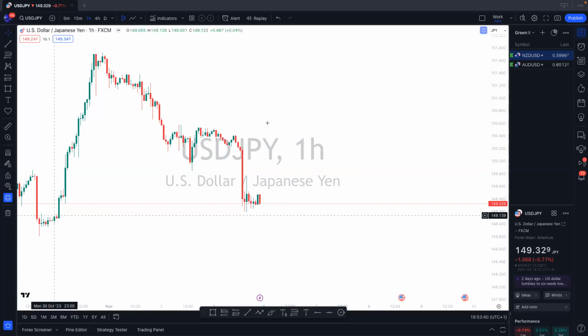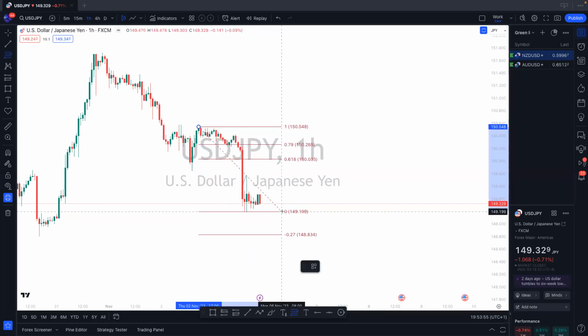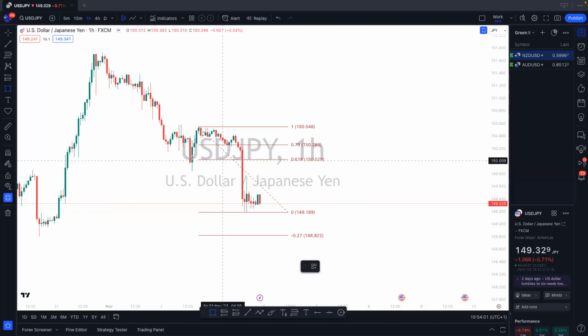So same thing, and I think I'm still going to use my fib here. Yeah, I actually like this sort of stuff. So what I'll be looking out for is price come back, tap this 0.618 level.